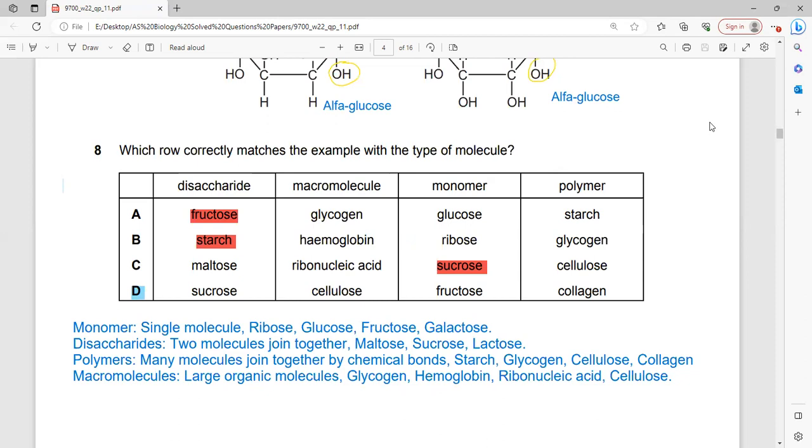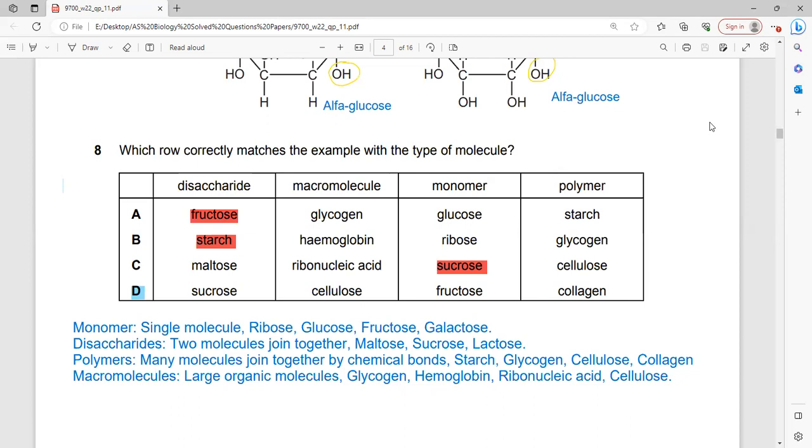The next, the macromolecule. Macromolecules mean the molecules which are organic and contain a larger molecular mass. These are macromolecules. So ribose, nucleic acid, and cellulose, both are macromolecules. So we're going to proceed to the third column, monomers. A monomer contains only a single unit. So fructose is a monomer, while the sucrose is a dimer.